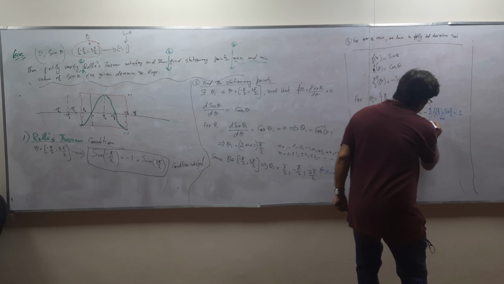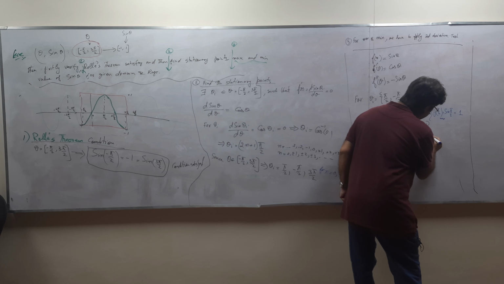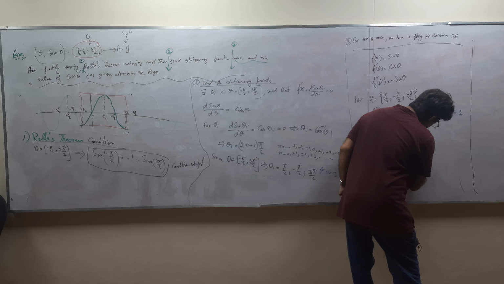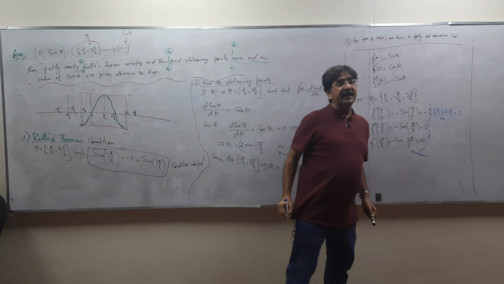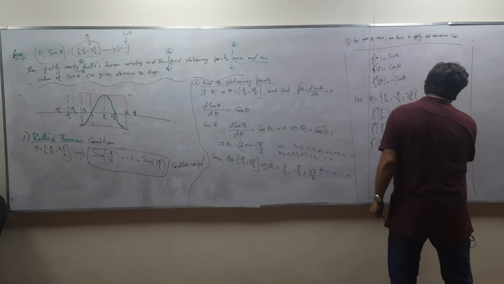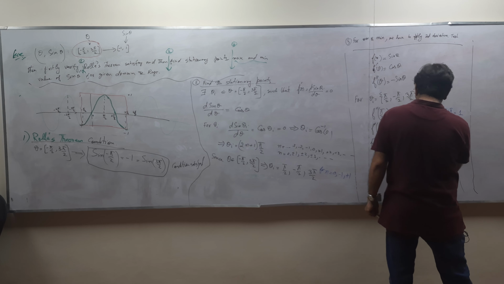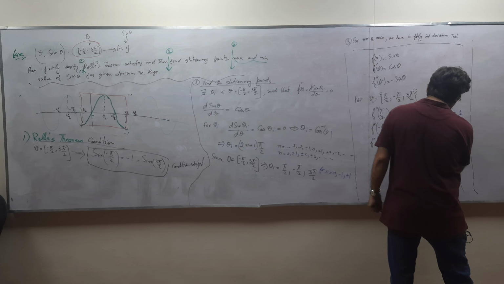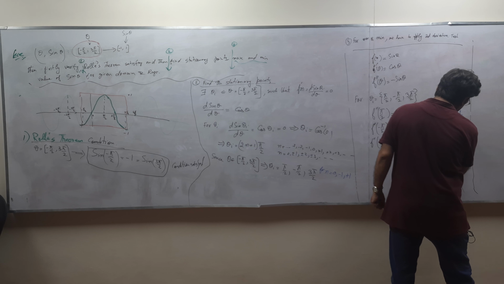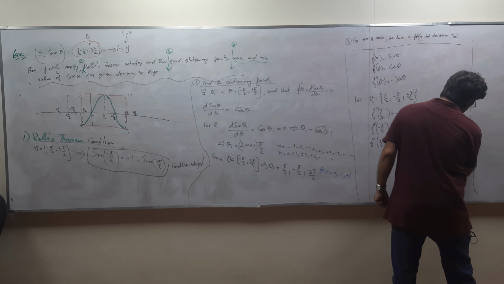And these are the positive numbers, and that will represent the minimum. So it means at f minus pi by 2, minus 1.